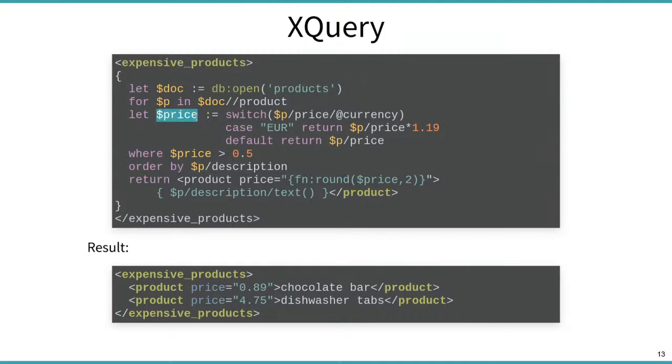For example, I introduce a variable price, which uses a switch case statement to check whether the currency is euro or dollar, and if it is euro, it takes the price times 1.19, and otherwise just the original price. So it makes some conversions here, and in the return clause I again say how the result should look like. So the price is now as an attribute here.